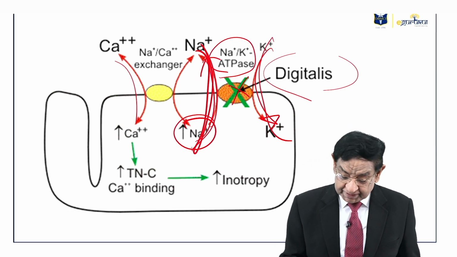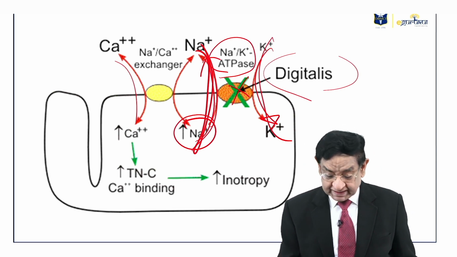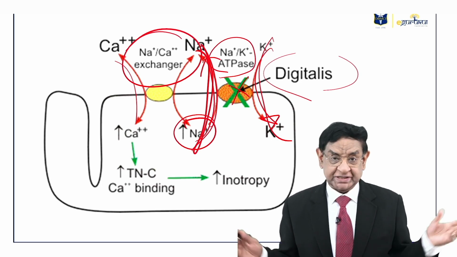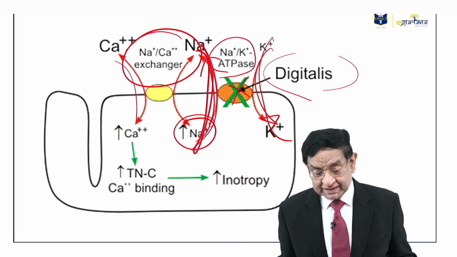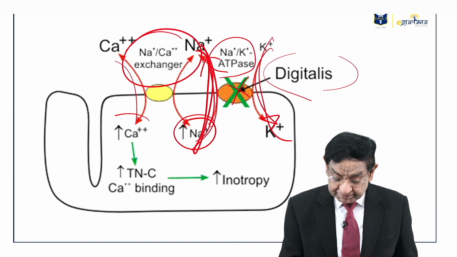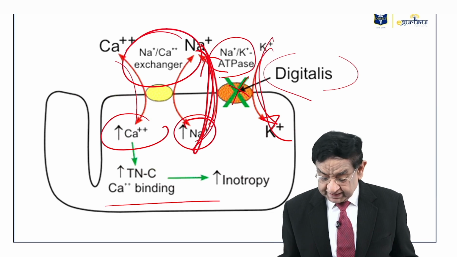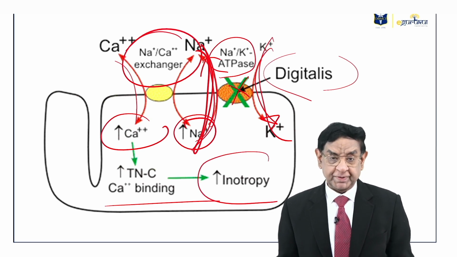Now sodium is dating with calcium, through the sodium calcium exchanger. I think a day-to-day example helps you understand better. Now calcium has come in and it binds to contractile protein, and that leads to positive inotropy.